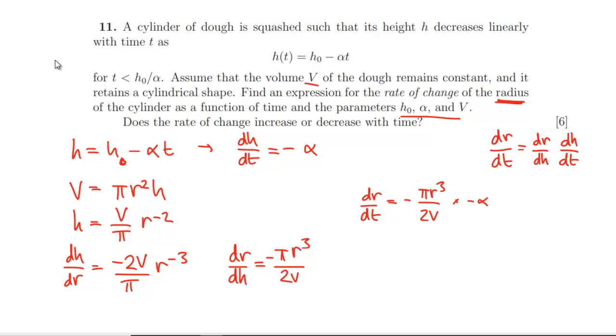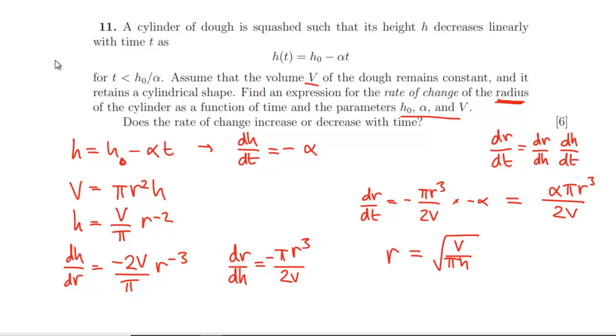But we've got r in terms of h, and we've got h in terms of t. Oh, this is a mess, isn't it? So what are we left with? We've got alpha times pi times r cubed over 2v, and we need to get rid of this r. So r is equal to the square root of v divided by pi times h.